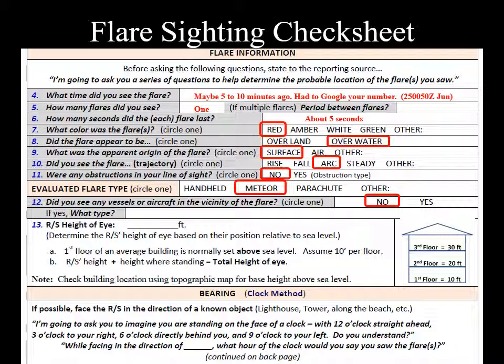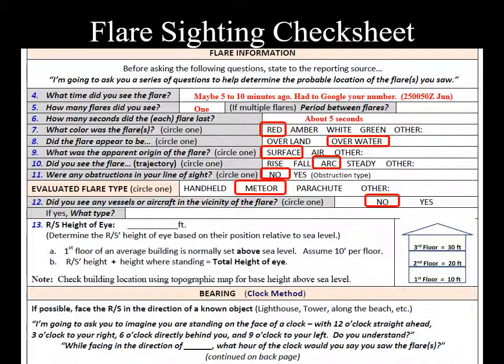To that, we may need to know if they are on a pier, in a building, or on a cliff overlooking the water. If they are on a pier or some other structure, have them estimate how high they are above the water. If they are in a building, we need to know what floor they are on.